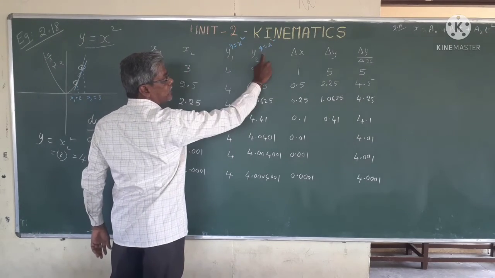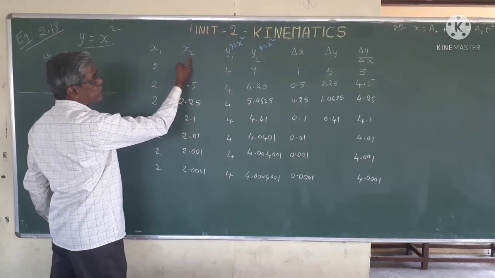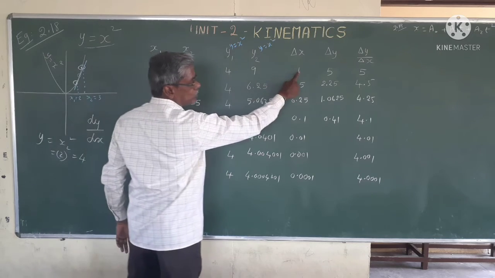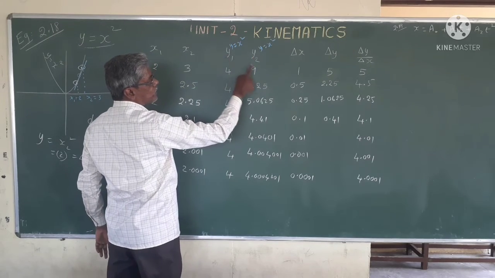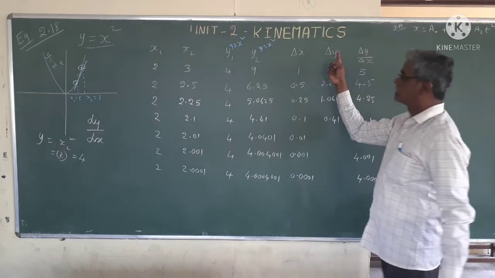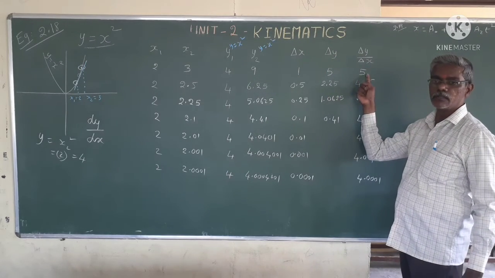Substitute, 3 square becomes 9. Delta x, x2 minus x1, so 3 minus 2, 1. Delta y, y2 minus y1, 9 minus 4, 5. Now you divide delta y by delta x, 5 divided by 1, it gives 5.